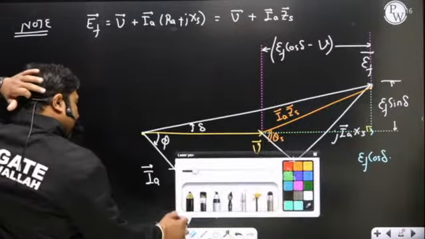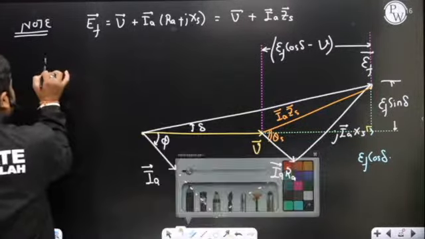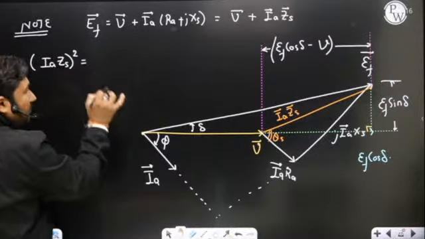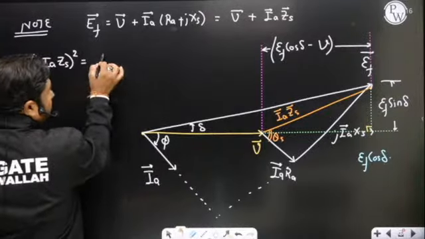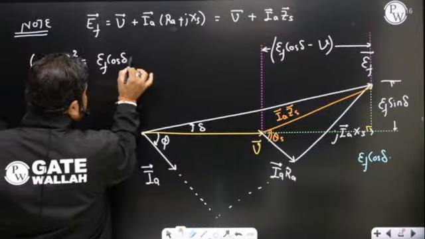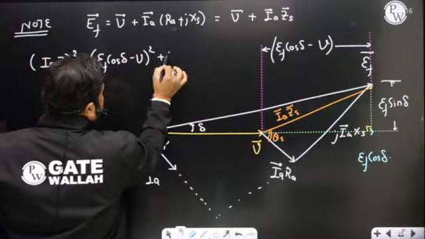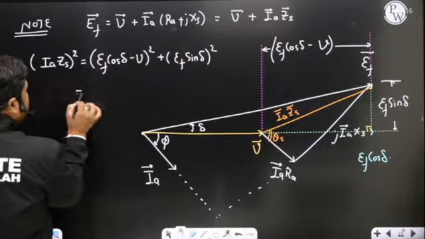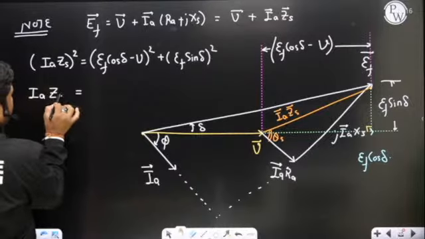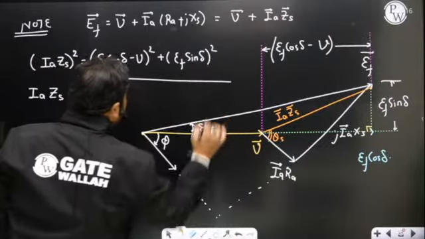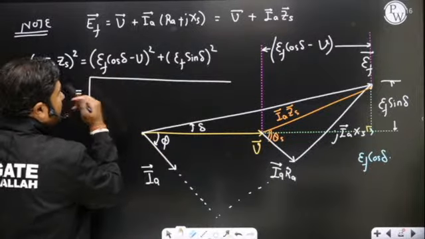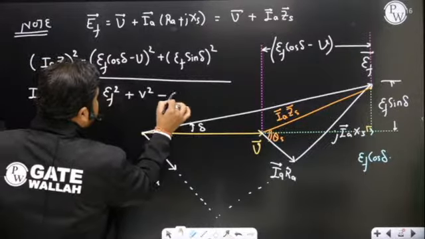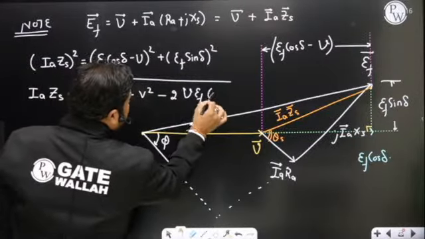So I can write IA ZS squared, by Pythagoras theorem, is EF cos delta minus V squared plus EF sin delta squared. Converting this into a simple equation, IA ZS is the root of EF squared plus V squared minus 2V EF cos delta.